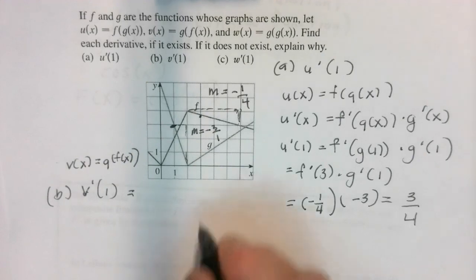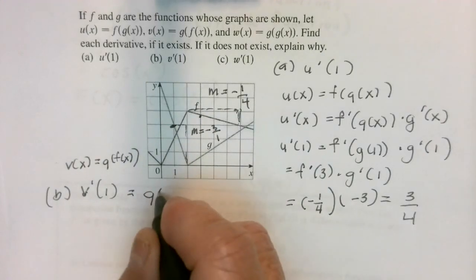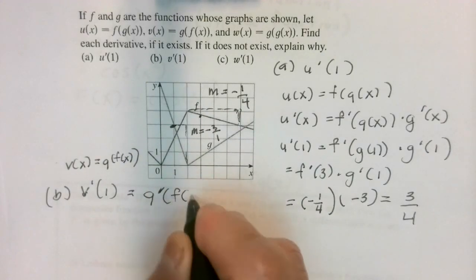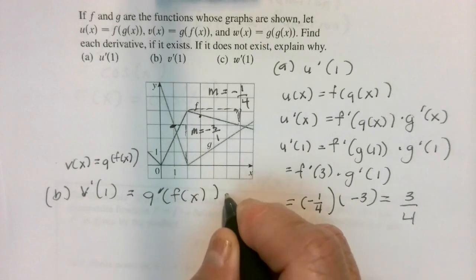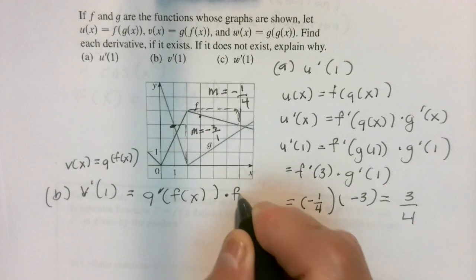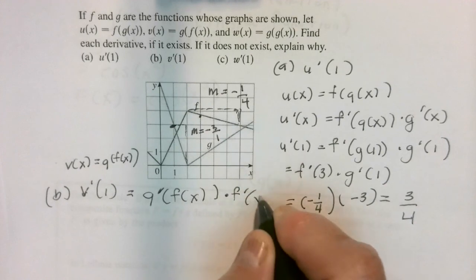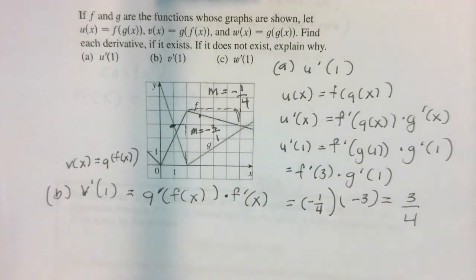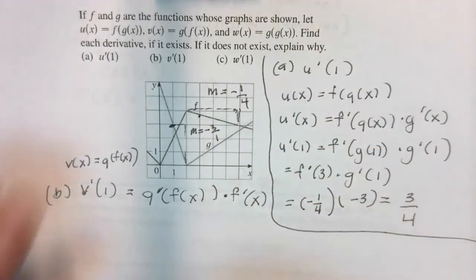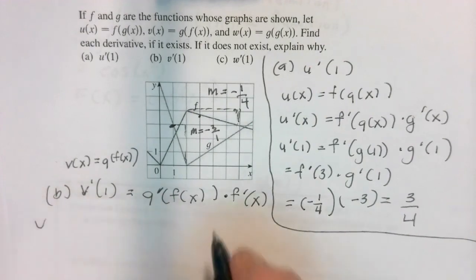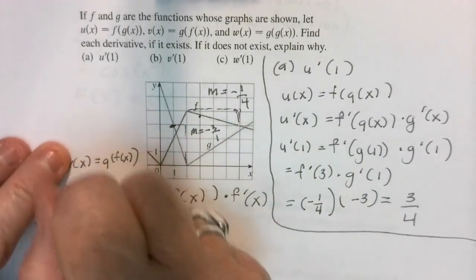And so v prime of x is going to be g prime of f of x times f prime of x.